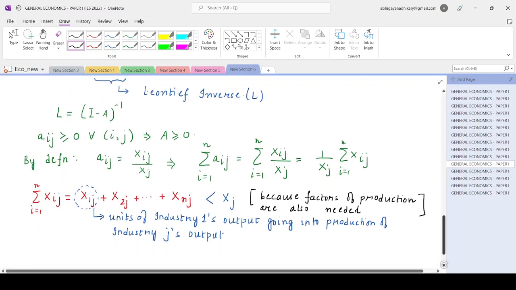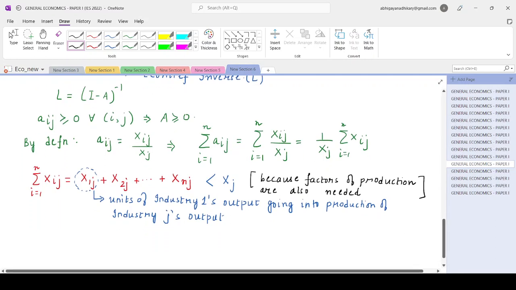I hope this makes sense to you. That means if you just go back, therefore, summation i running from 1 to n aij was basically obtained to be 1 by xj summation i running from 1 to n xij, which is less than xj by xj, which is equal to 1.